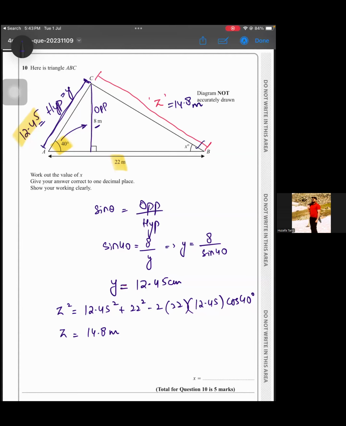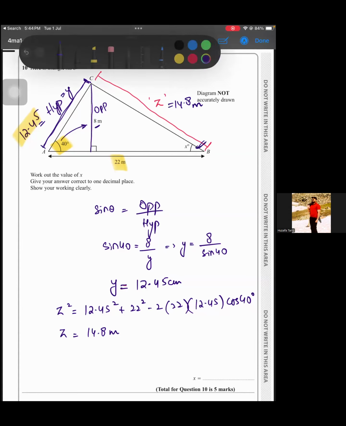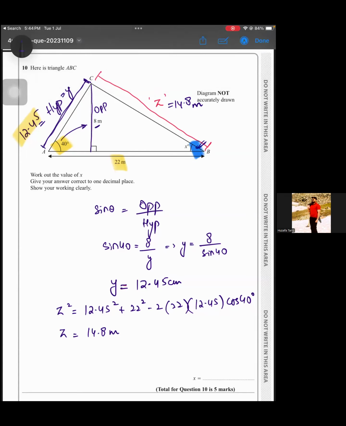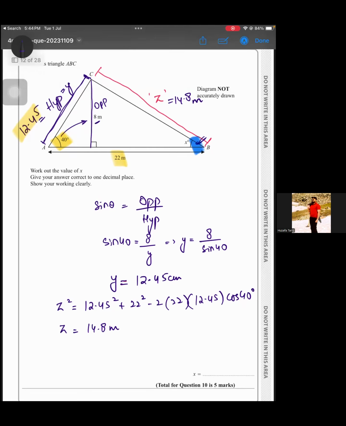Now we need to find out this x. And to calculate this value of x, either we can apply the formula of sine rule or we can use cosine rule. So if we use sine rule here, we can make the combination of a and b. So sine 40 and the side opposite to 40 is 14.8, because we are taking the whole triangle ABC.